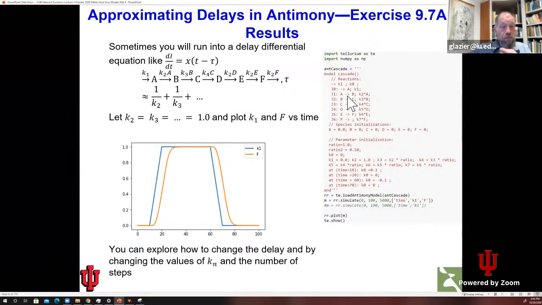It's a topic of interest, but I did want to show people a little bit of how you can make this work, so that if somebody had a delay equation, they could get started with it. If you want more detail, there are lots of articles on how to implement them. But this kind of bucket brigade is the standard way to do it.